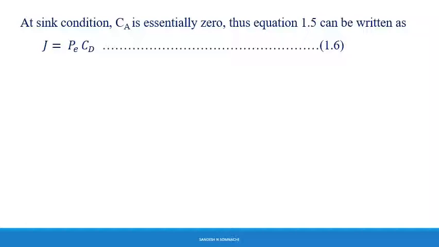So CA is essentially 0, so we can rewrite equation 1.5 as J is equal to PE CD.